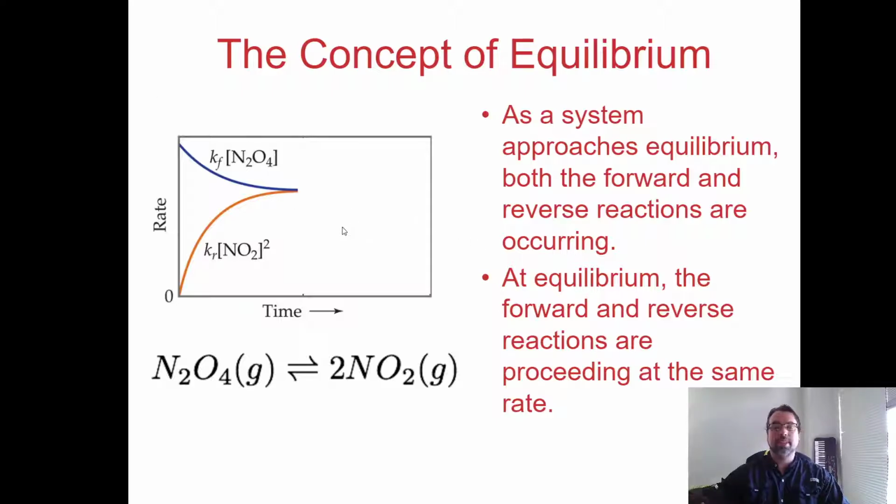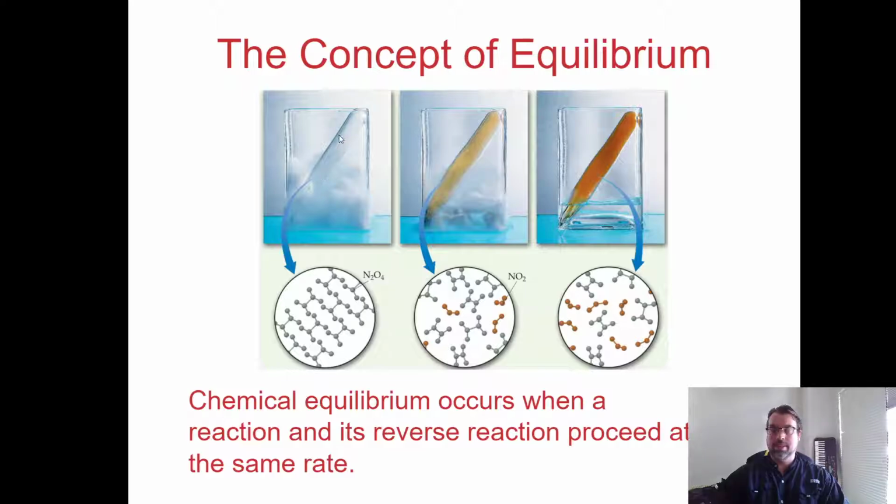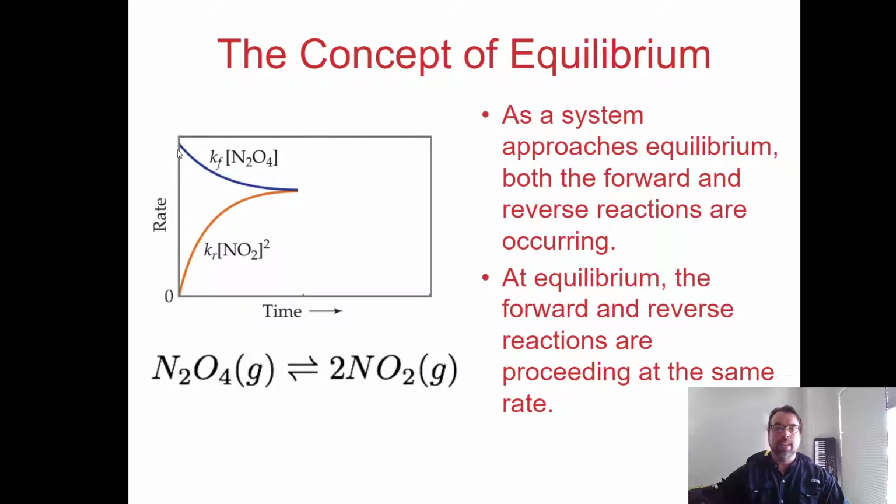Now here is a graphical representation of equilibrium, and what I want you to notice is that the N2O4, which is this clear liquid that we started with, initially has a high concentration, and the NO2 has a low concentration.